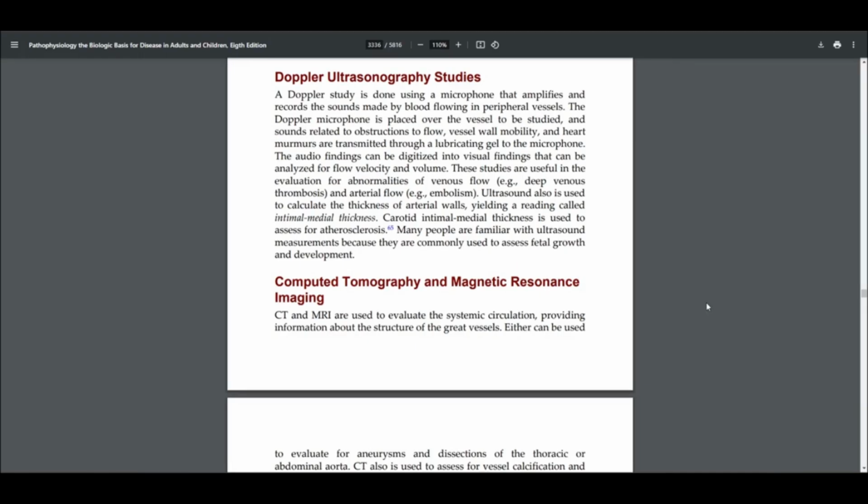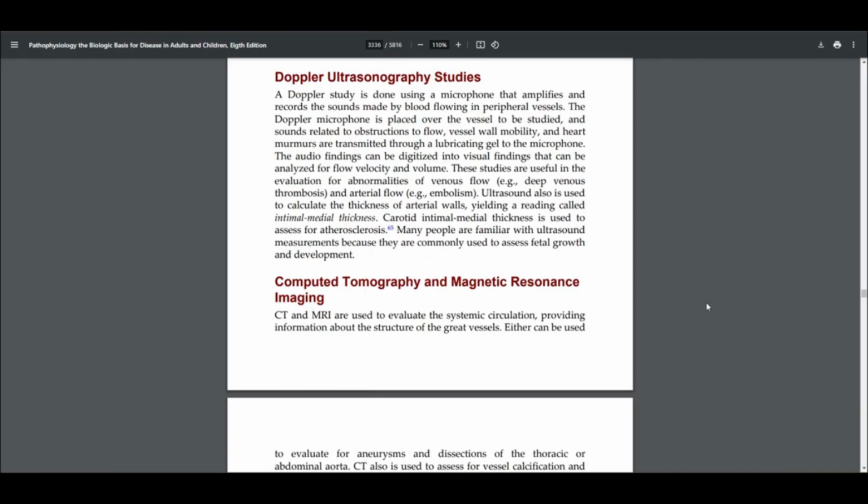Doppler ultrasonography studies. A Doppler study is done using a microphone that amplifies and records the sound made by blood flowing in peripheral vessels. The Doppler microphone is placed over the vessel to be studied, and sounds related to the obstruction to flow, vessel wall mobility, and heart murmurs are transmitted through the lubricating gel to the microphone.